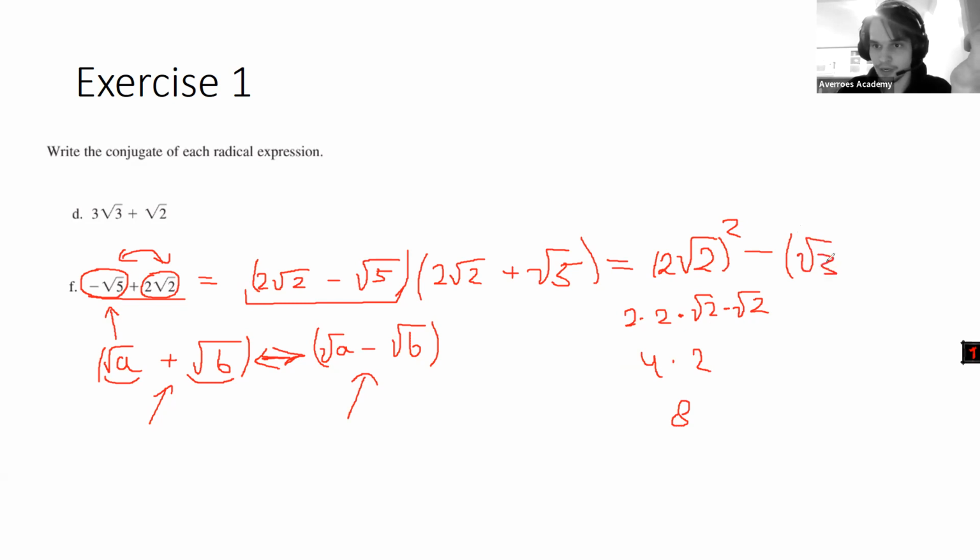minus square root of 5 squared. But would it work if, let's say, can we make this something like that if both brackets are going to have the same sign in it? Would it work? Can we transform it somehow?